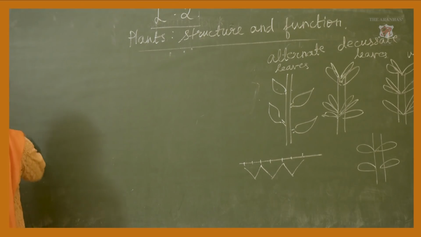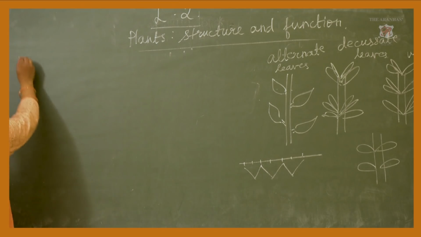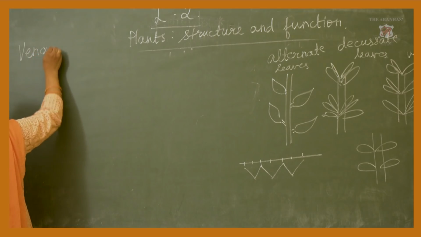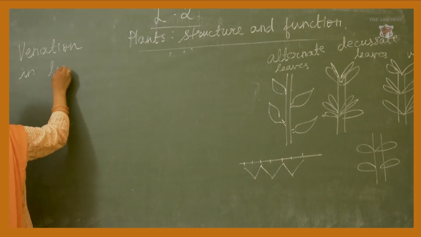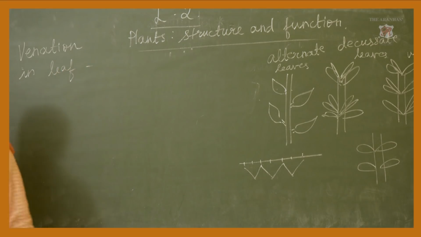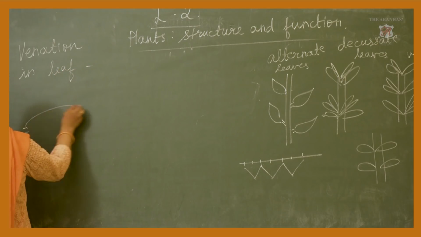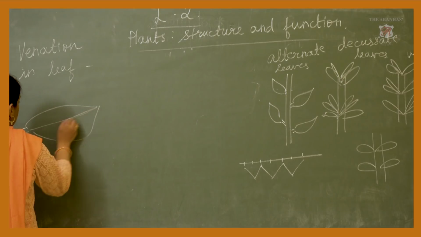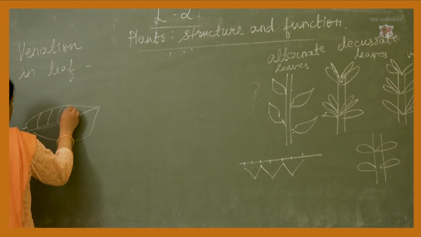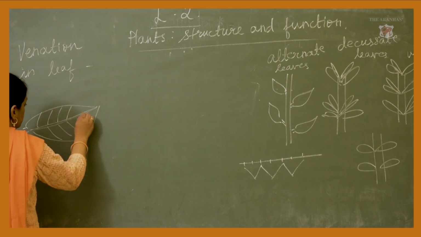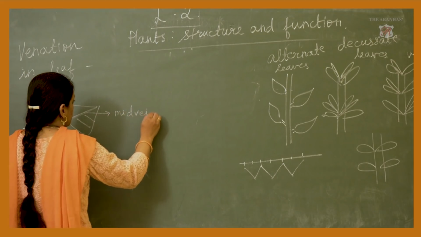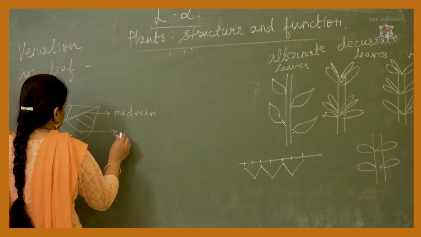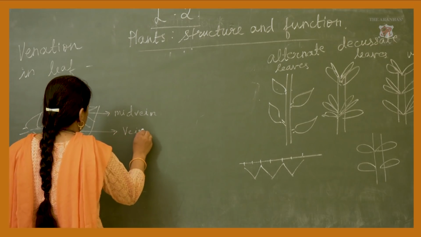The arrangement of veins. This is a new concept for you, venation. Venation in leaf. Pay attention students, what is venation? See, a leaf. These are the veins of the leaf. This is called the midvein, and these are called just the veins.